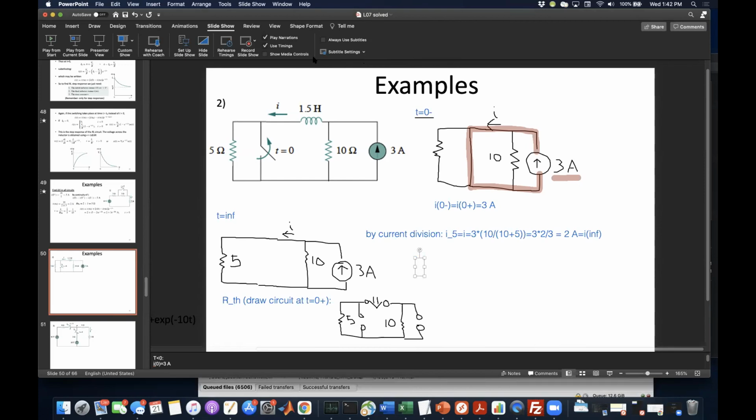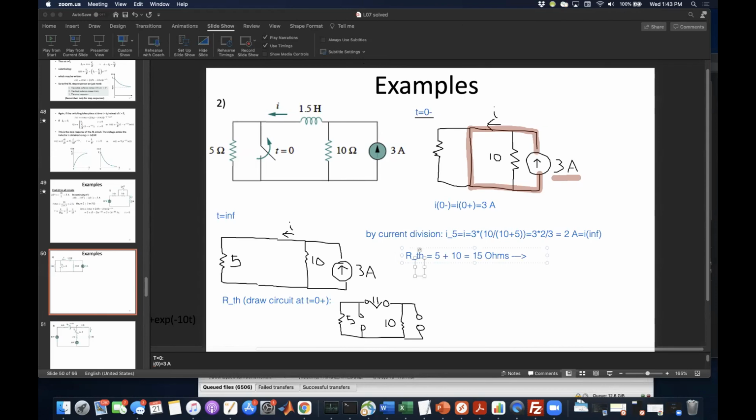Okay, so I'll put that in my text box. Which makes our time constant tau equal to L over RTH, which is 1.5 over 15, equal to 0.1 seconds.